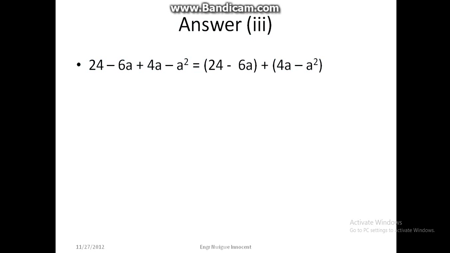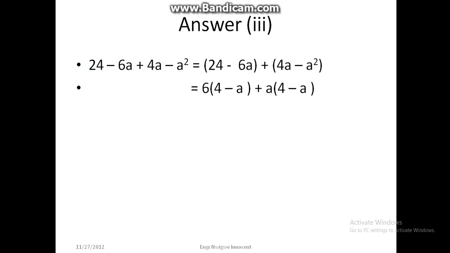Answer III. We are asked to factorize 24 minus 6a plus 4a minus a squared. Then we put in bracket 24 minus 6a, plus in bracket 4a minus a squared, then remove what is common from the bracket, which is 6. 6 times 4 will give us 24, and 6 times a gives 6a.